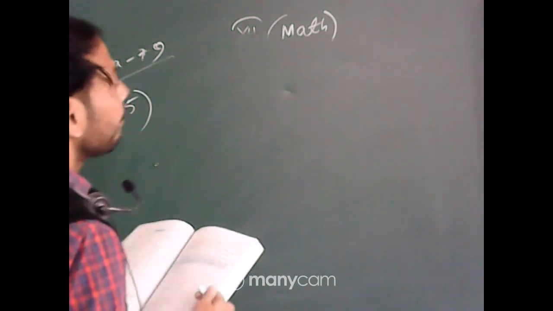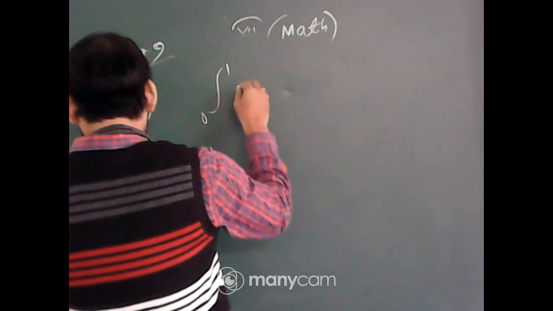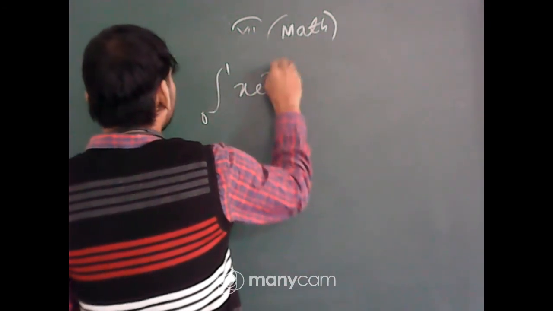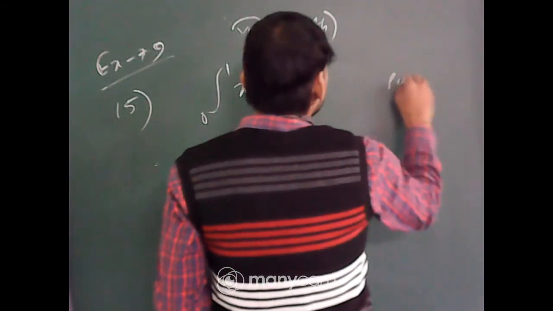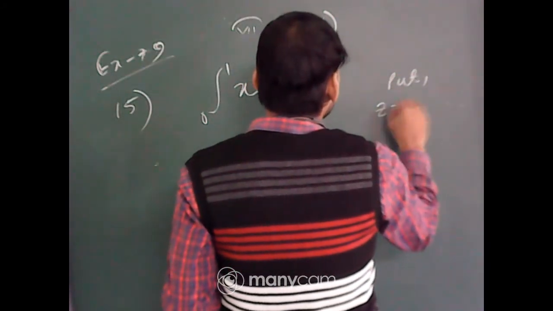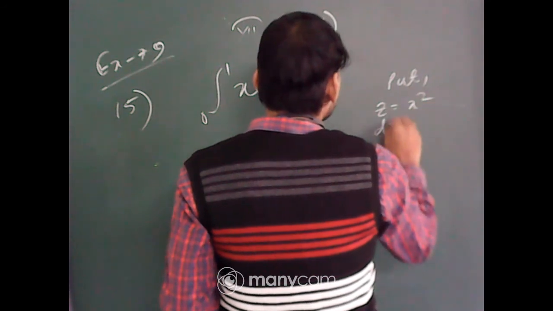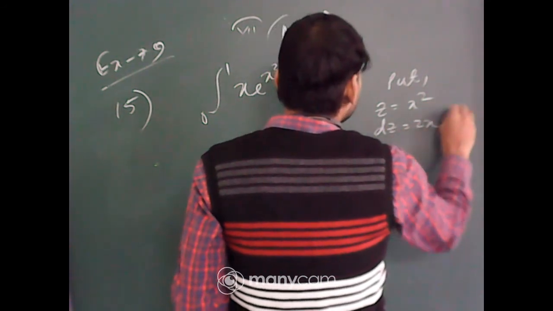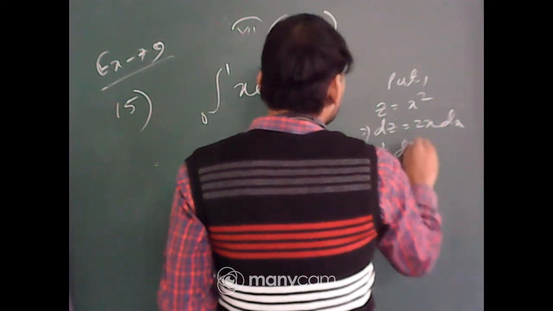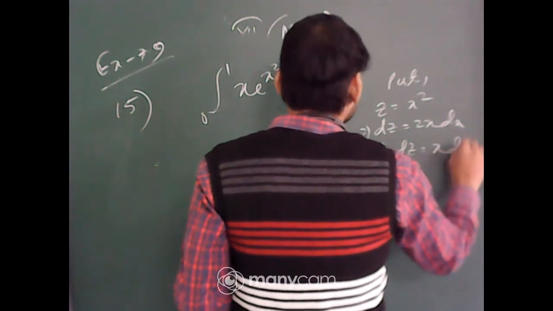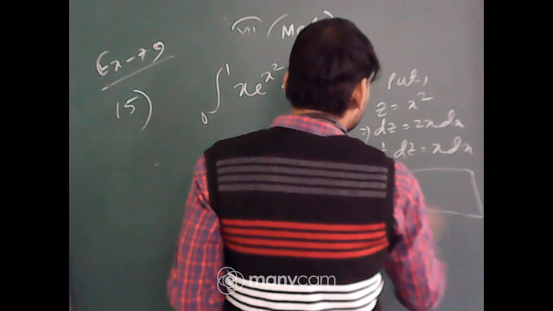Question number 15, that is integration 0 to 1 x e to the power x square dx. Again put here z equals to x square. So dz equals to 2x dx. That means 1 by 2 dz equals to x dx. Again change the limit.